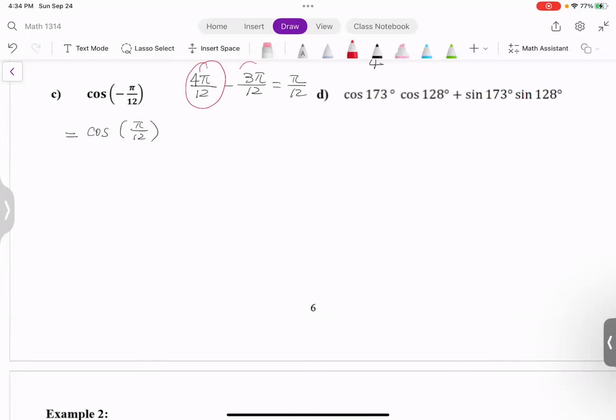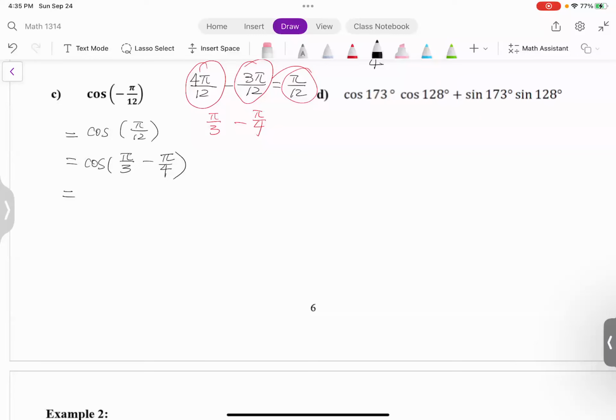And these are two special angles, pi over 3 and pi over 4. That means pi over 12 can be written as pi over 3 minus pi over 4. So this is cosine of (pi over 3 minus pi over 4). Why can I know this? Because I've solved so many questions. When I see pi over 12, I immediately think of the two special angles, pi over 3 and pi over 4.